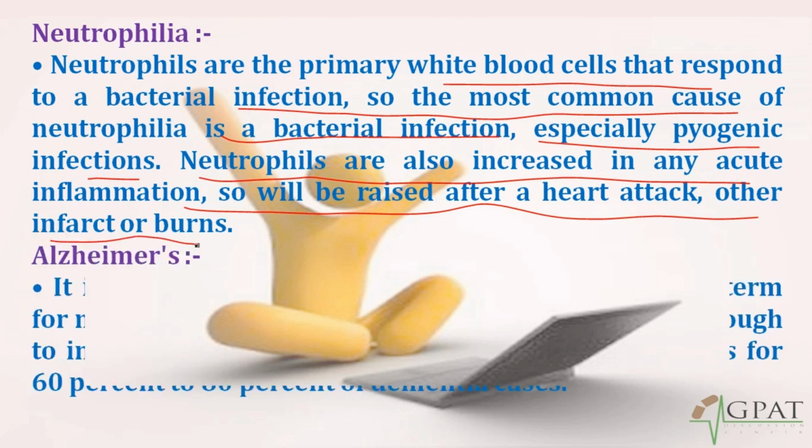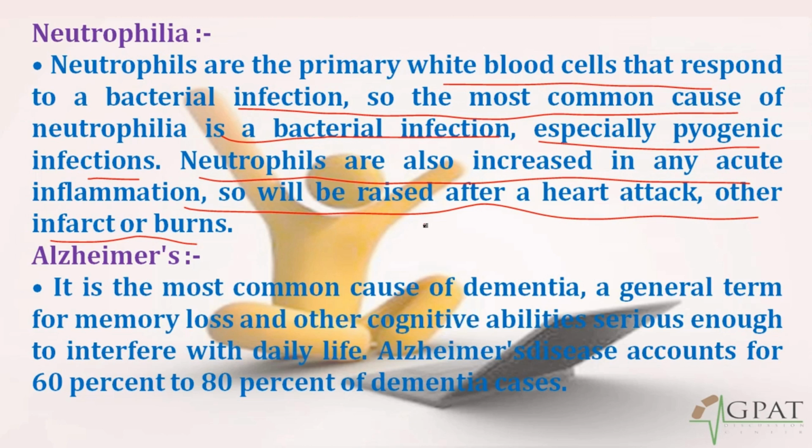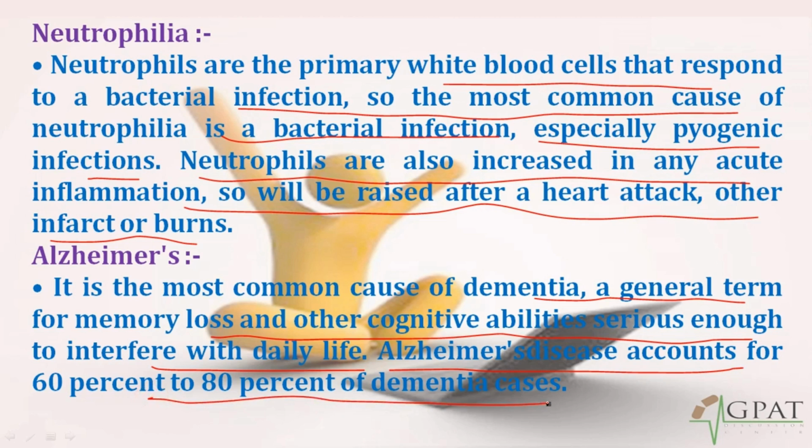What is Alzheimer's? It is the most common cause of dementia, a general term for memory loss and other cognitive abilities serious enough to interfere with daily life. Alzheimer's disease accounts for 60% to 80% of dementia.